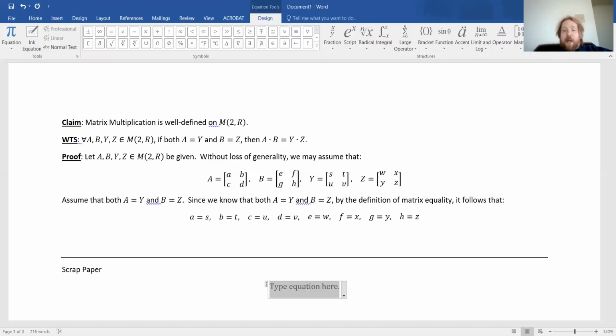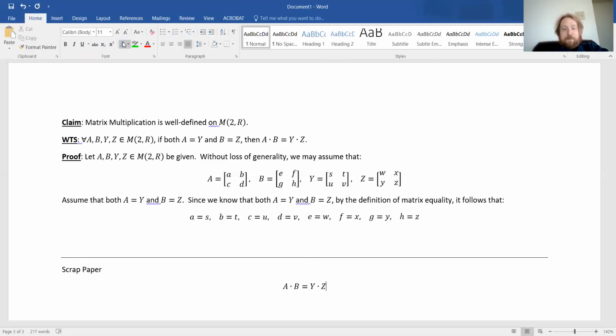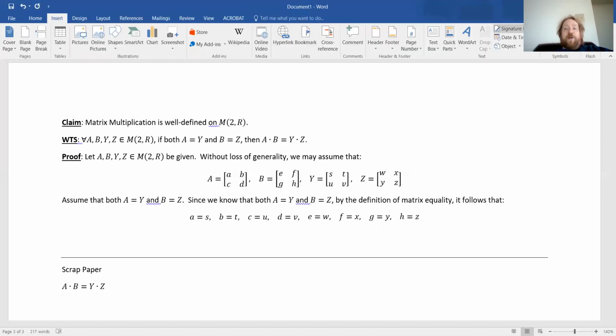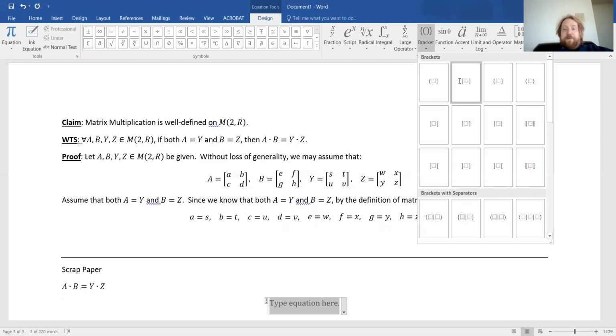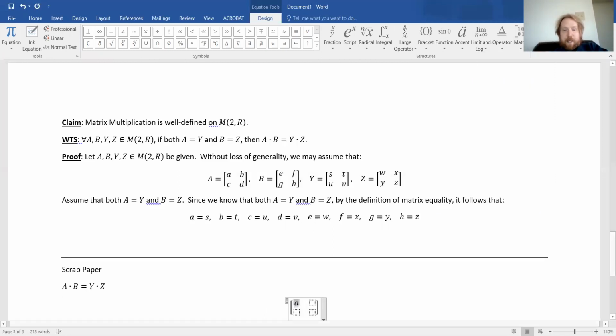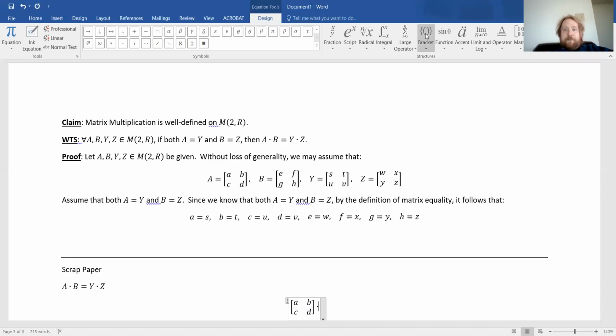I want to show here that A times B equals Y times Z. That means that I want to show that the matrix A, B, C, D times E, F, G, H equals the matrix S, T, U, V times the matrix W, X, Y, Z.